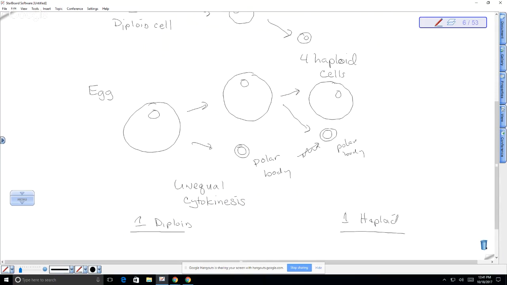And females in general have all the eggs that they're going to be able to produce when they're born, and they're kind of stuck in prophase 1, and then every month, hormonal signals tell one to continue through to finish meiosis 1 and meiosis 2. And then it is ovulated from the ovary, and fertilization occurs in the fallopian tubes, right?